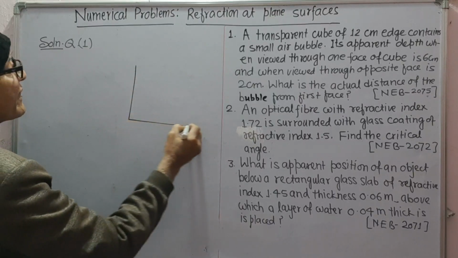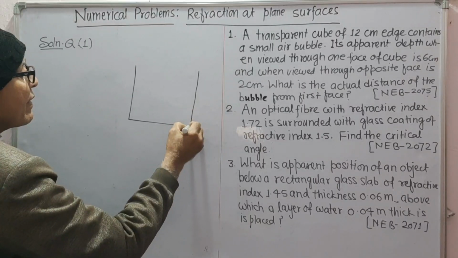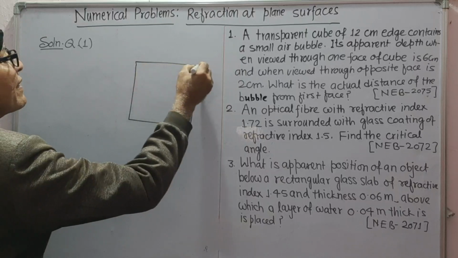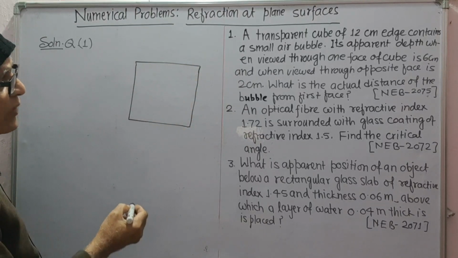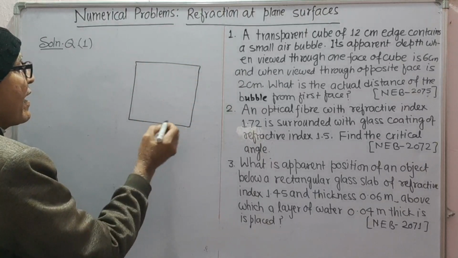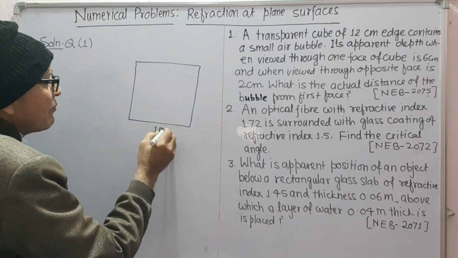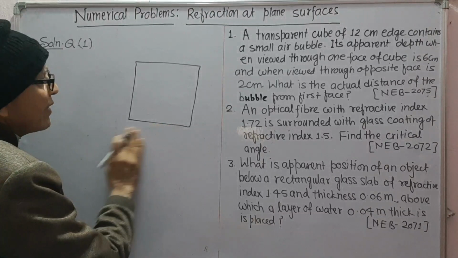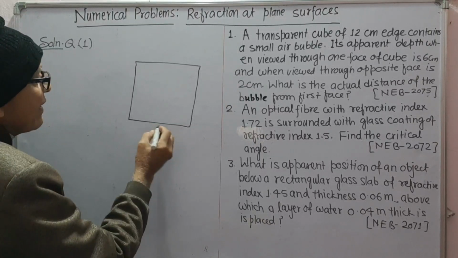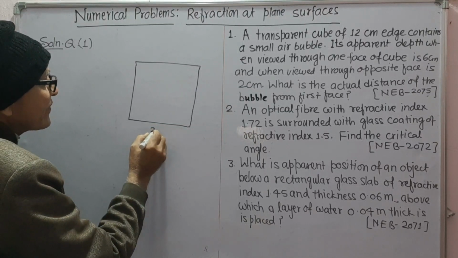Suppose this is the face of a rectangular cube. Total edge is 12 cm.